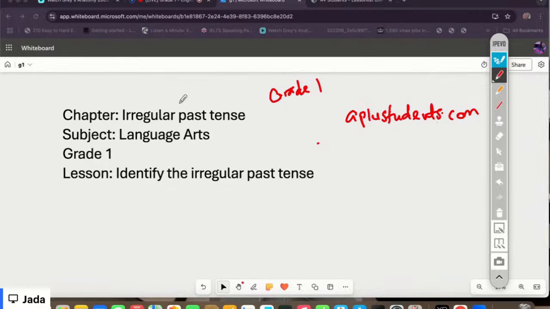You select the chapter irregular past tense. The lesson is identify the irregular past tense.